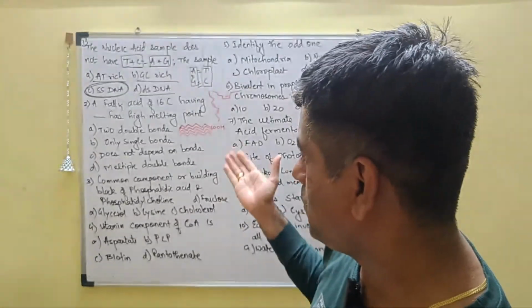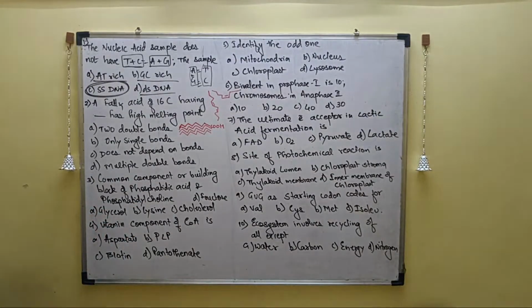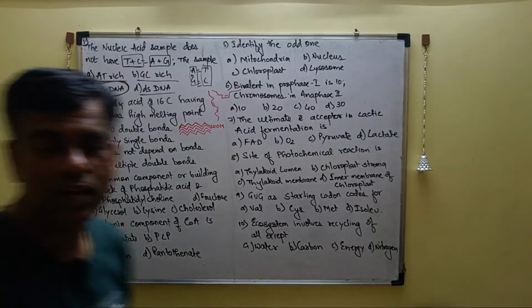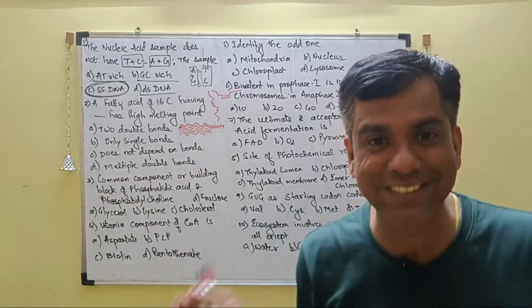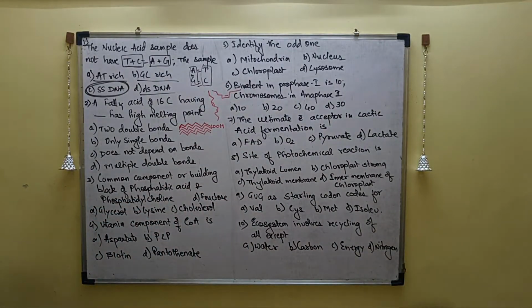Can you tell me A, B, C, D now? Which one now? Tell me among two double bonds, A, B, C or D, the one which has a high melting point.